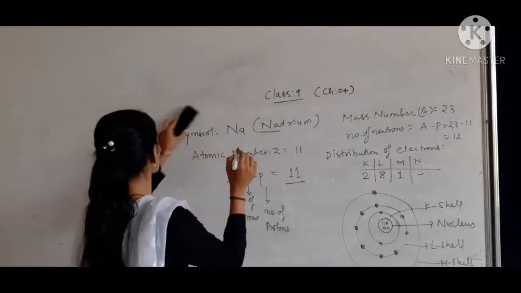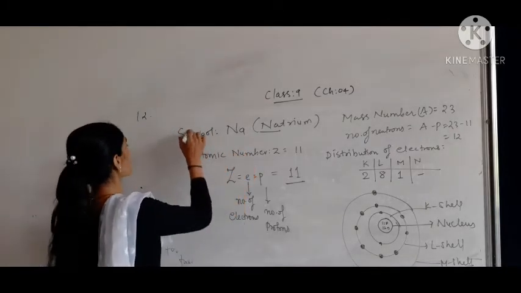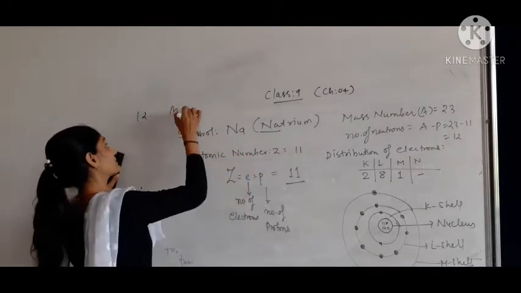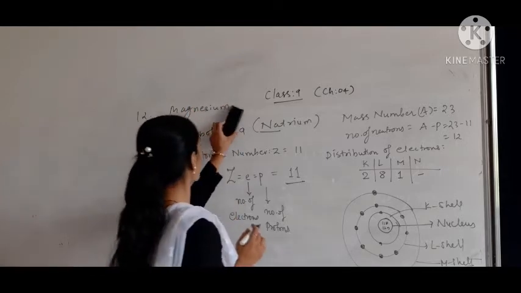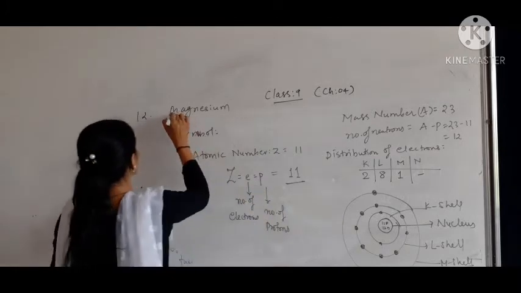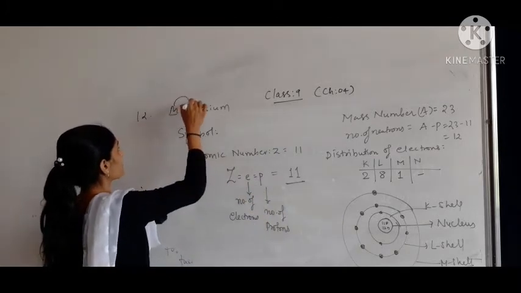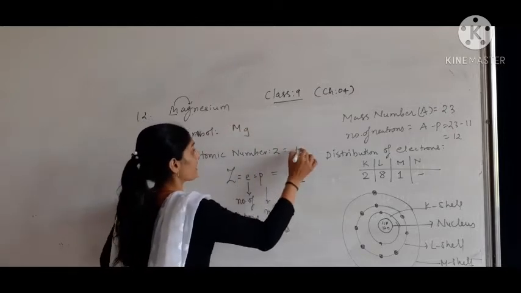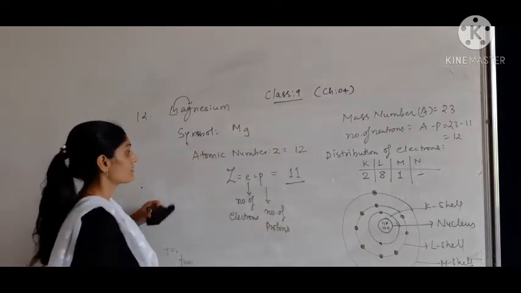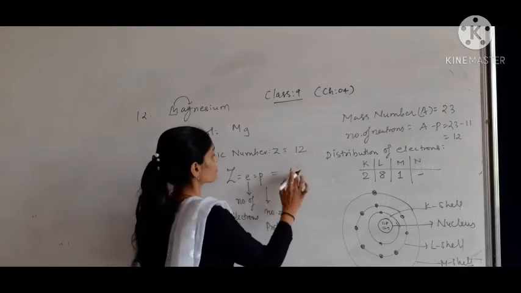12 is magnesium. Magnesium has the symbol made of the first letter and the third prominent letter, Mg. It has atomic number 12, so electrons and protons are also 12.